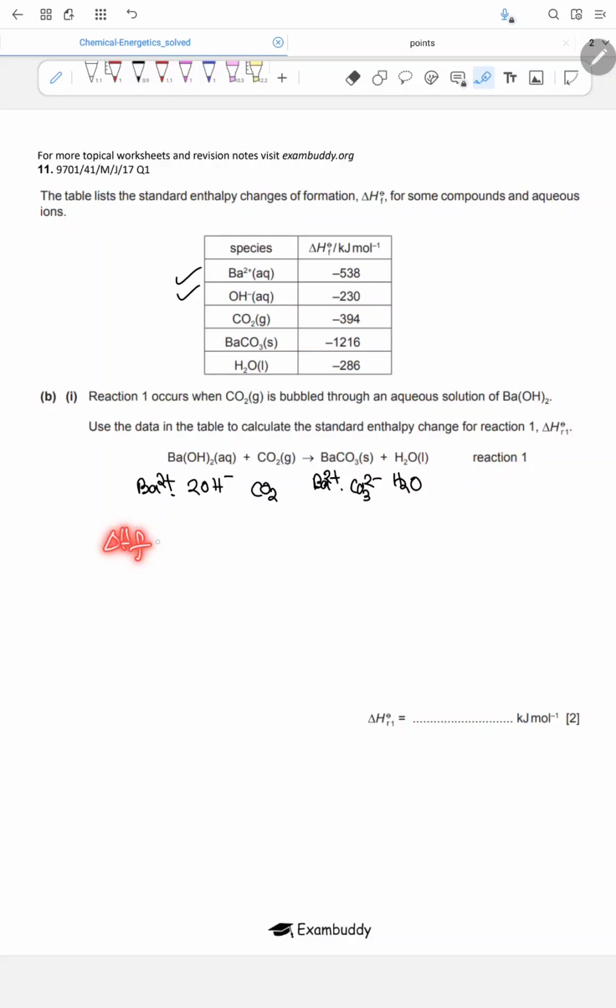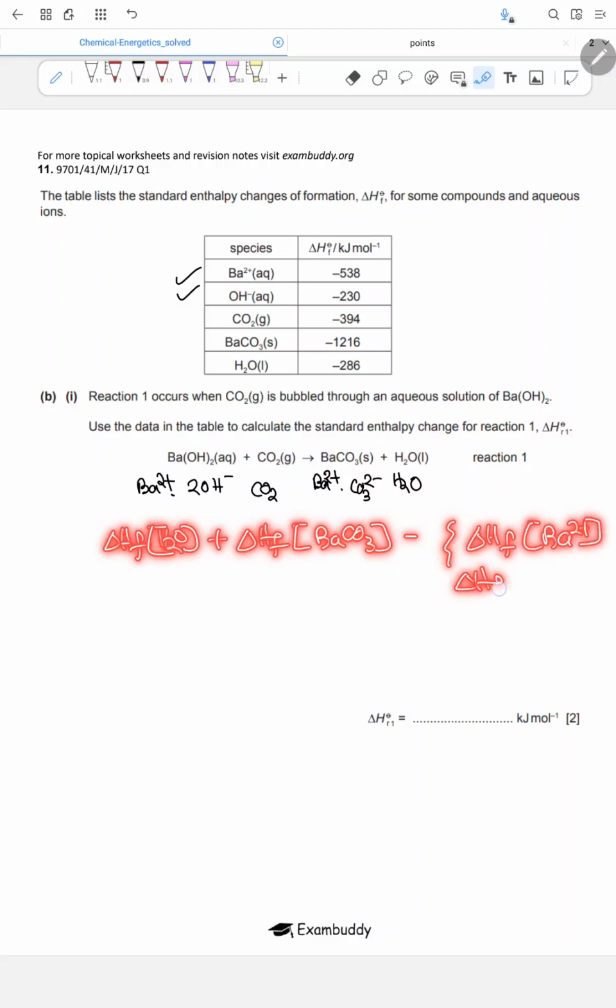Alright, let me write formation of water plus enthalpy change of formation of barium carbonate minus the reactants, that is enthalpy change of formation of barium ion, formation of 2 hydroxide, because there are 2 hydroxide, plus formation of CO2.